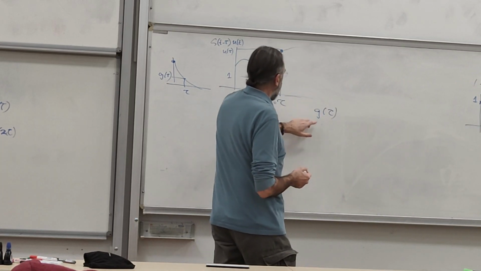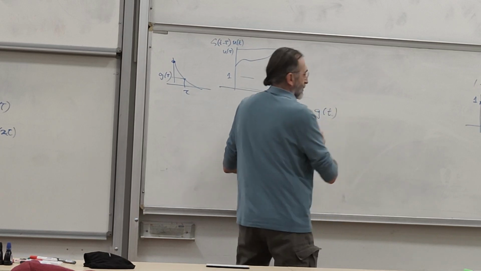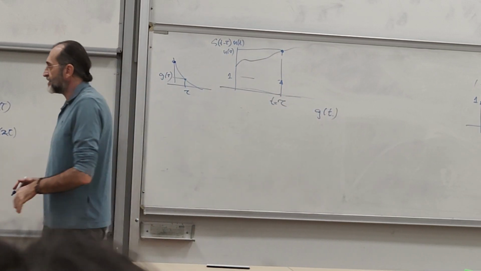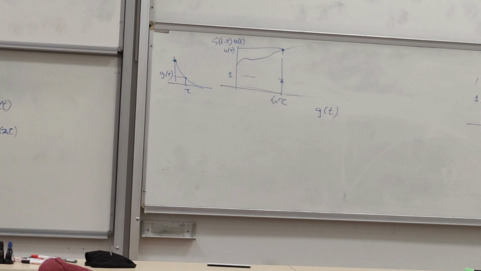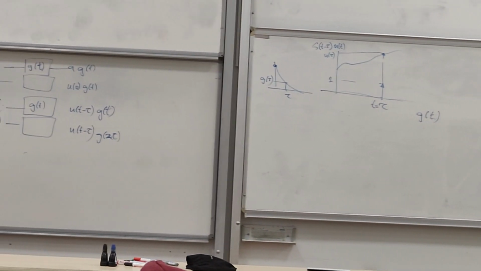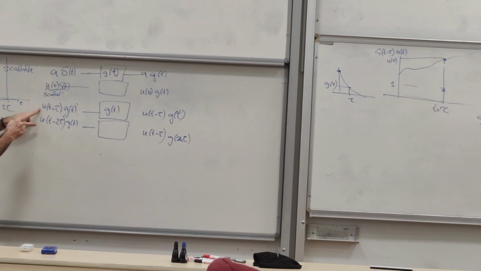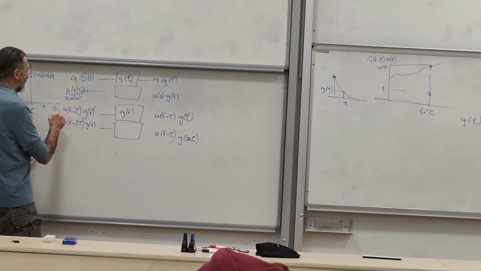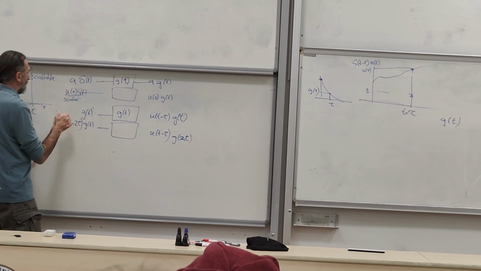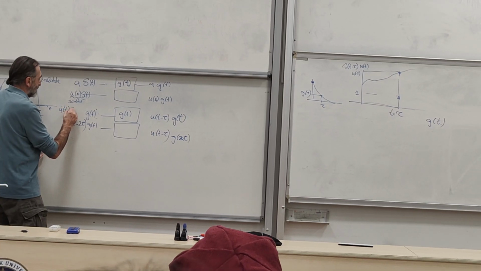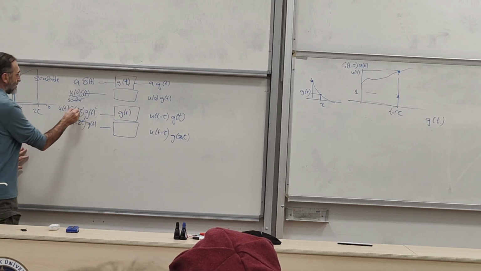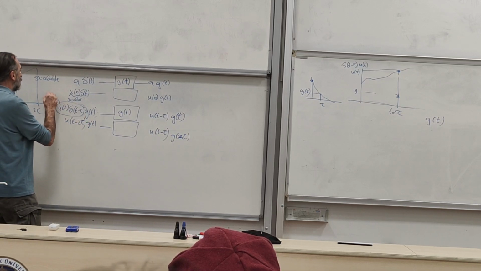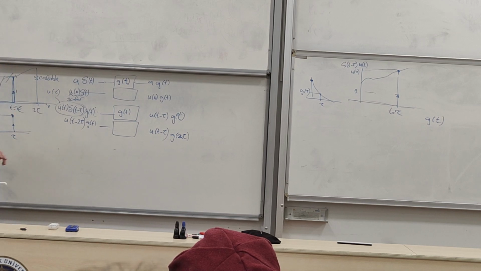Okay, let's say I have G of T. I'm going to multiply this with G of T now. I'm multiplying G of T with U of T times delta T minus tau, I forgot the delta. So u of t times delta t minus tau times g of t. Now this is u of tau. You understand that?